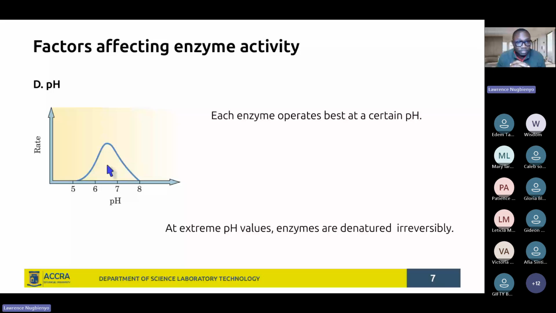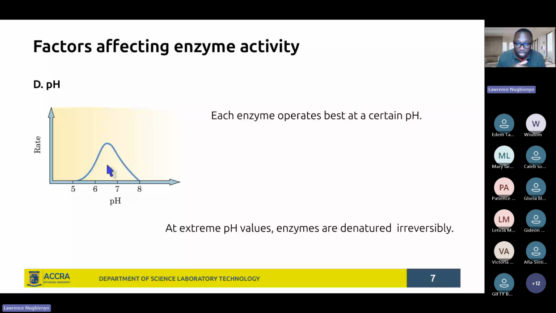But in the stomach, for instance, you have the acidic condition. So what it means is that the enzyme that is active in the mouth will become inactive in such acidic condition in the stomach. But there in the stomach too, you have enzymes, such as pepsin, which will be acting on protein, which means that enzyme is active at such a pH level, such acidic condition, but it's not at a pH level in the mouth.